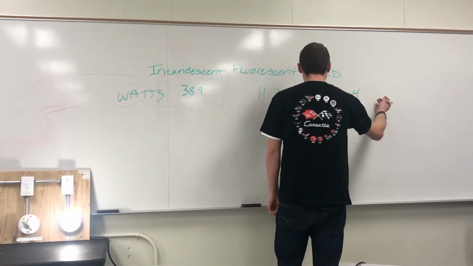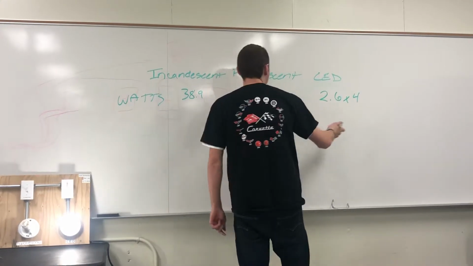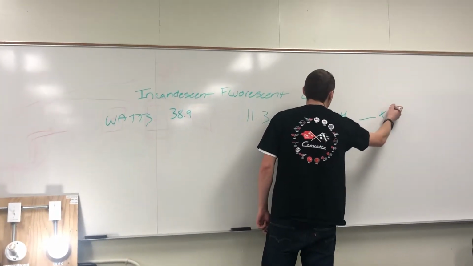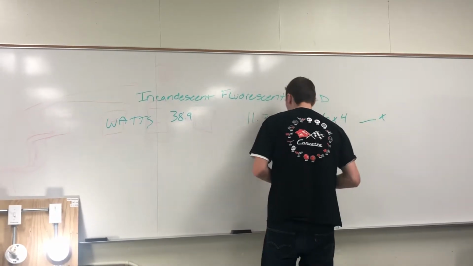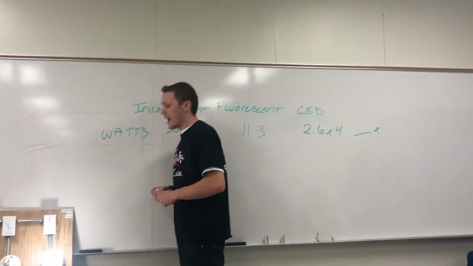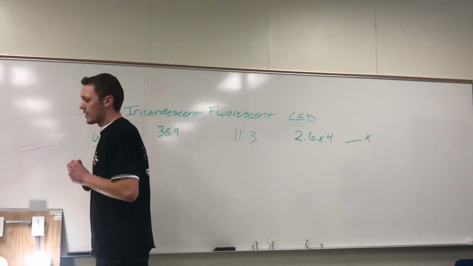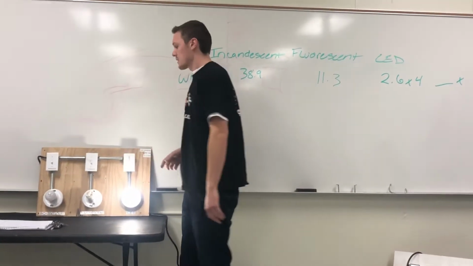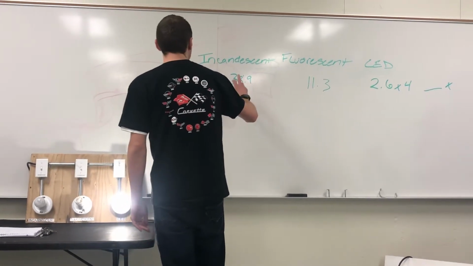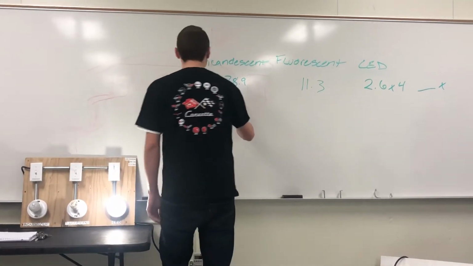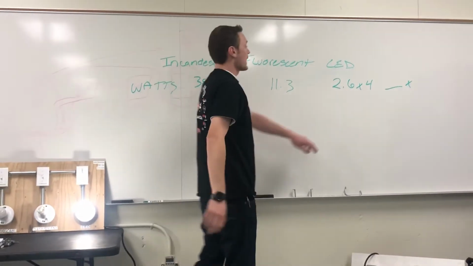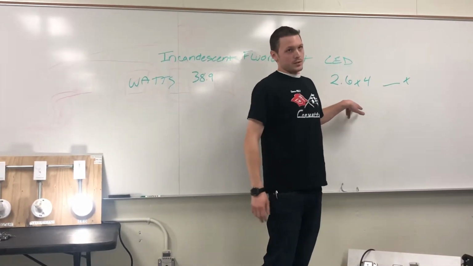So times that by 4, we're not going to go into the math, and then you times that by 365, which gets you the kilowatt hours in a year. And the numbers for running these individually for a year: an incandescent will cost you $10, a fluorescent would cost you $3, and an LED would cost you about $1 to run.